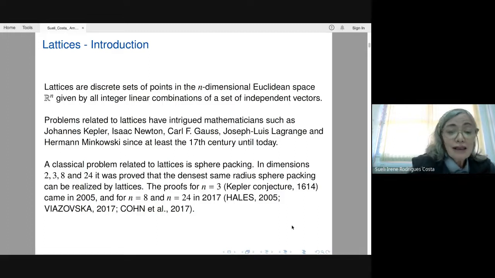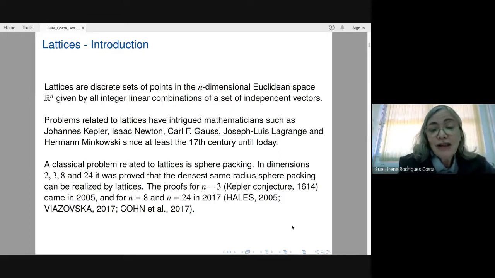The first proof for n equal to 3, which is the Kepler conjecture from the 17th century, 1614, came as a full proof in 2005. For n equal to 8 and n equal to 24, it came in 2007, as you probably have heard. Proved respectively by Viazovska and Cohn, right?